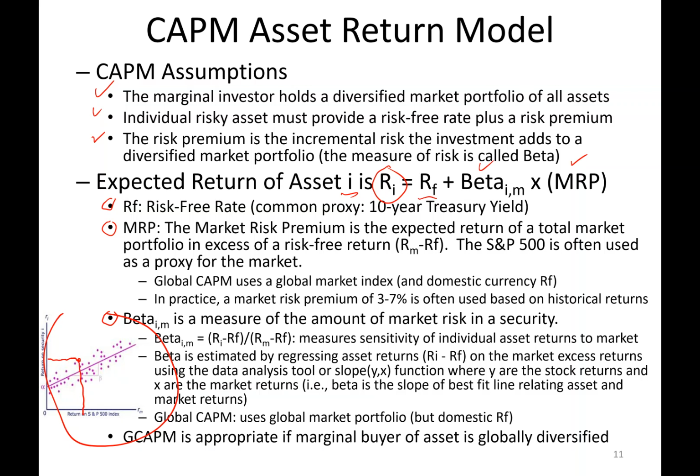So each one of those dots represents a discrete return in time. If we plot all the dots and then get the best fit line using a regression analysis, the slope of that best fit line tells us our risk measure, beta. It also is a measure of the sensitivity of the stock to the stock market.